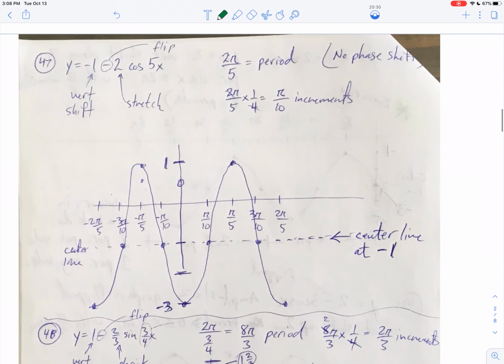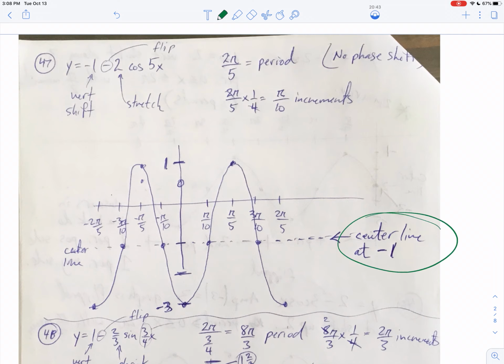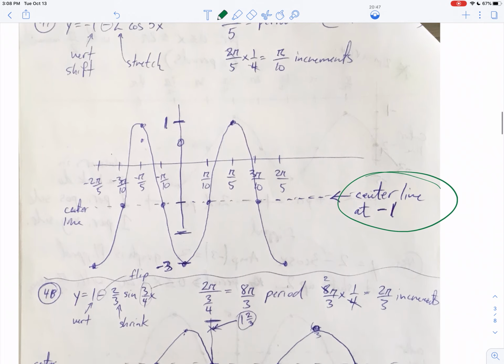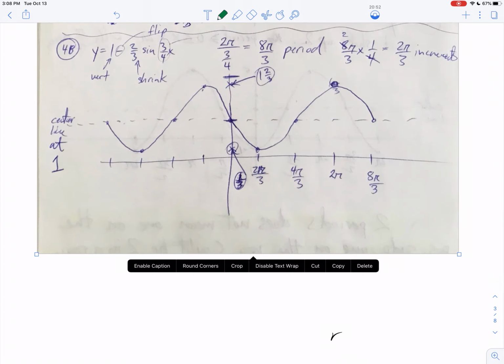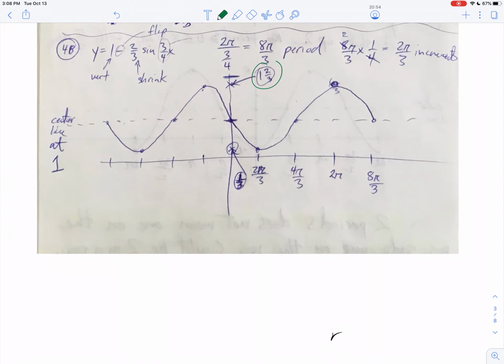Here we go. Number 47. See number 47? Look at those increments. Pi over 10. They're counting by tenths. And look, I marked my center line for you at -1. Trying to make it easier for you to see what's going on. All right, and then look, I snuck that in. Whoop, stop it. I snuck that in. That says 1/3, by the way.